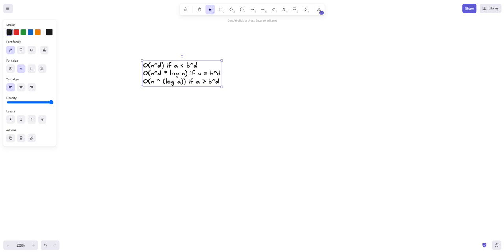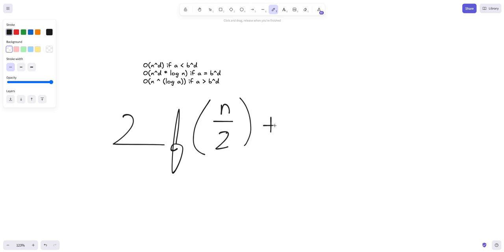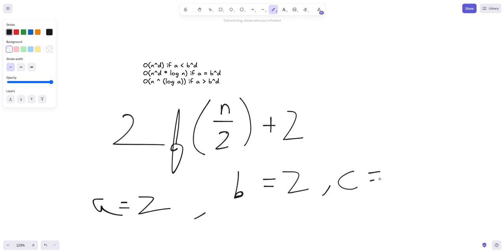So let's mark things out for merge sort. Let me just write it down so that it's clear: 2f of n over 2 plus n. So we have a is equal to 2, b is equal to 2, and c is equal to 2.